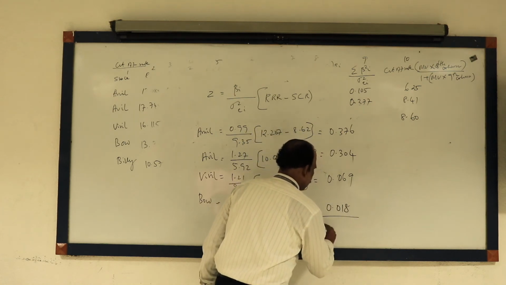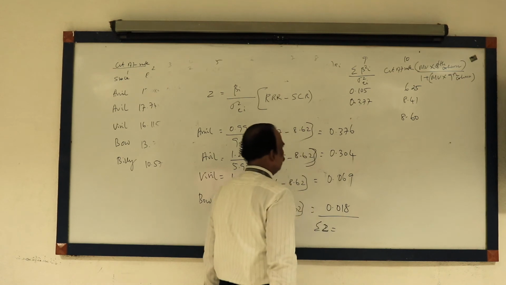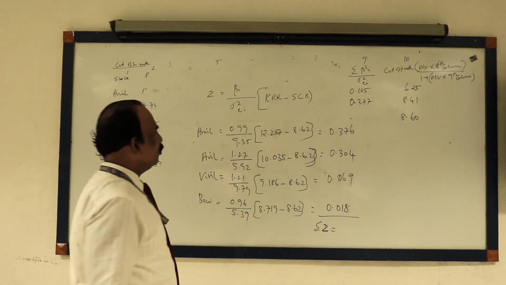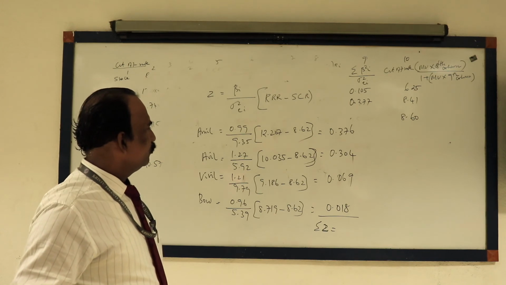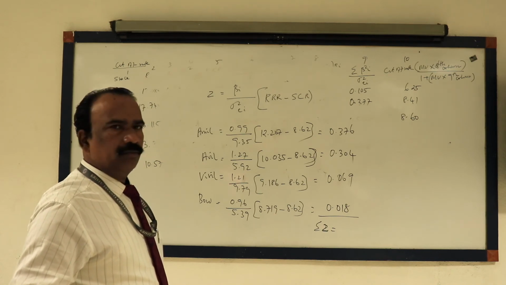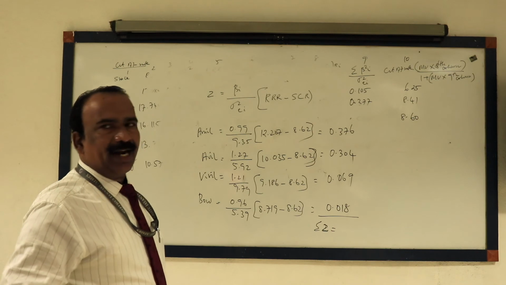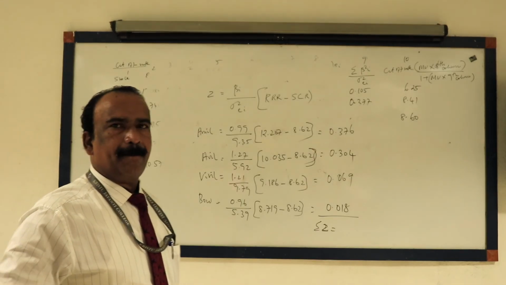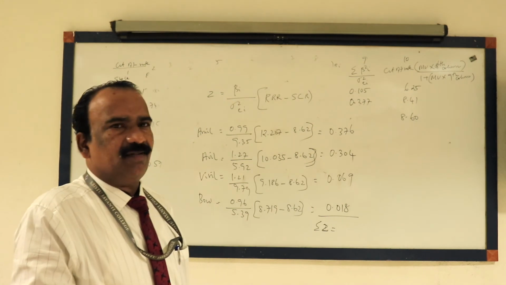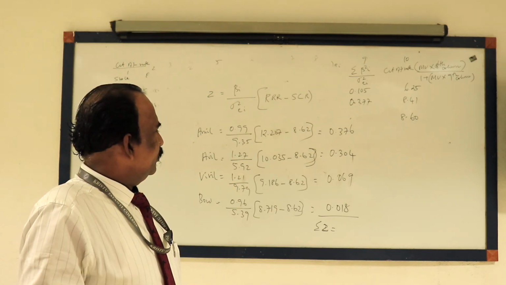So get sigma z. Get the total. So the last one, what have you written? 0.018. Not 0.017, 0.018. Okay, I think it's all right.